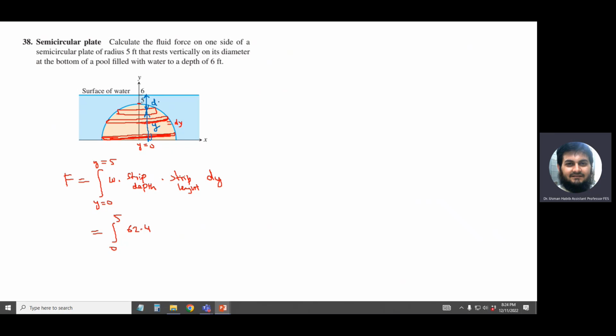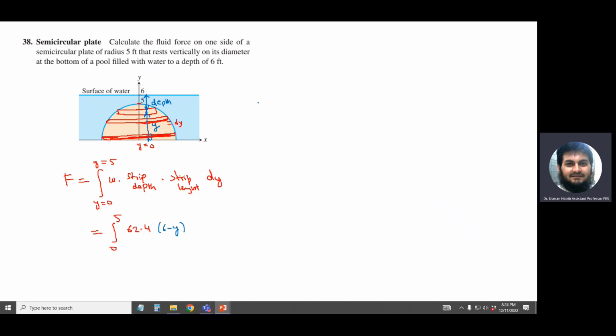This is the depth, and this is y, and the whole distance from the surface of the water to the bottom of the pool is 6. So the depth is very easily 6 minus y. The whole thing is 6, this distance is y, so the depth becomes 6 minus y, times the strip length.